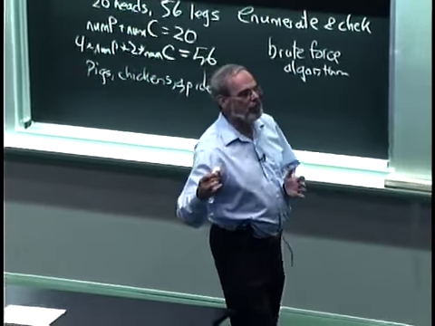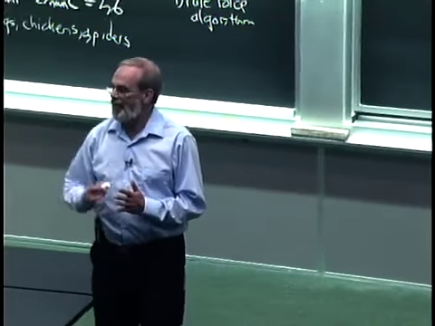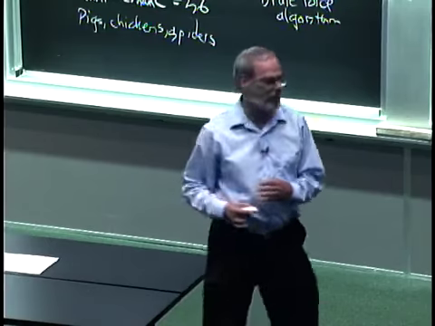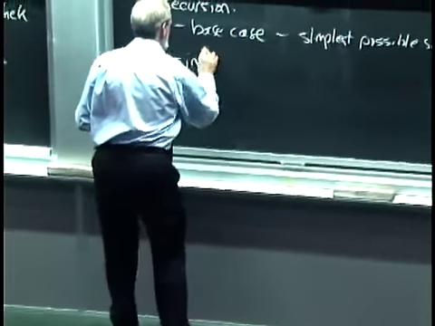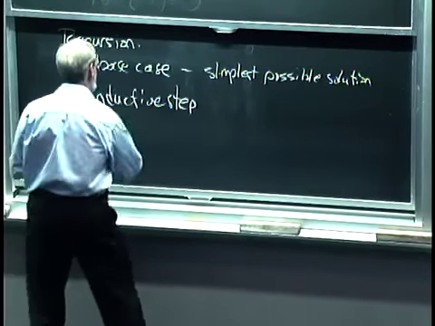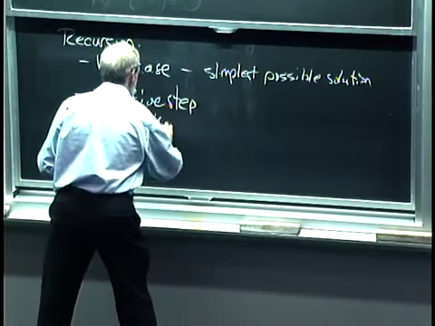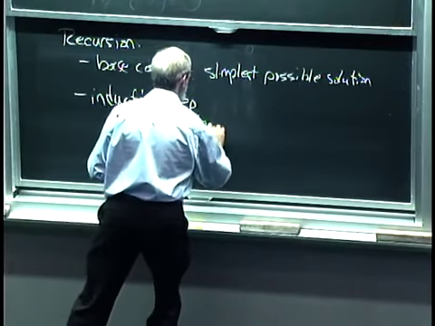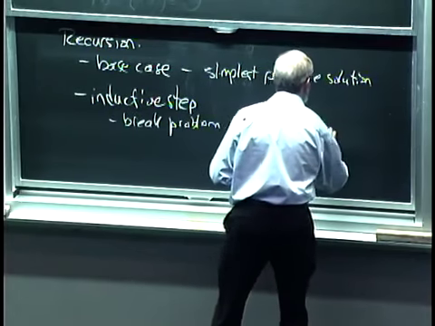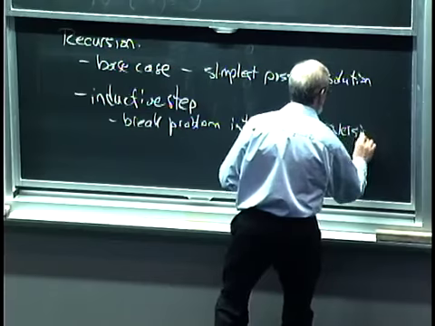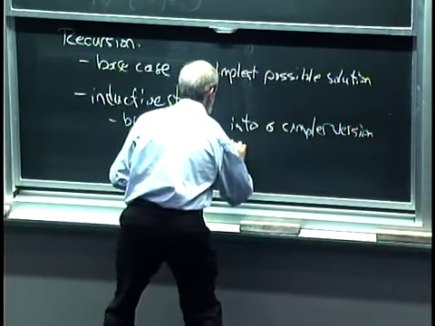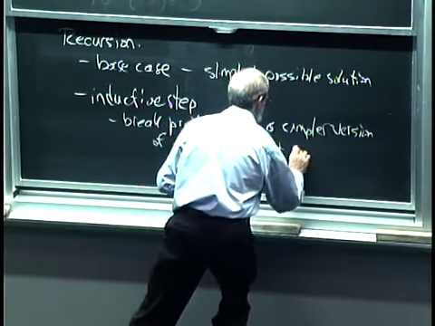I don't think they were born in the U.S., as far as I know. Or you find somebody who satisfies that definition, or you find that none of your parents actually are in that category. But that second one is called the inductive step, or the recursive step. And in my words, it says break the problem into a simpler version of the same problem and some other steps.